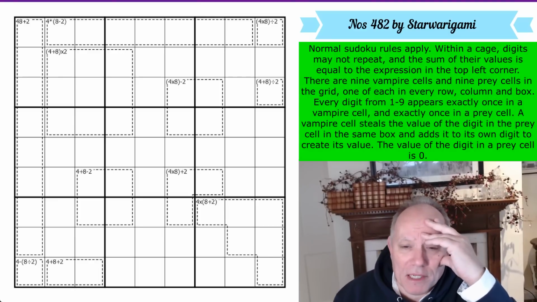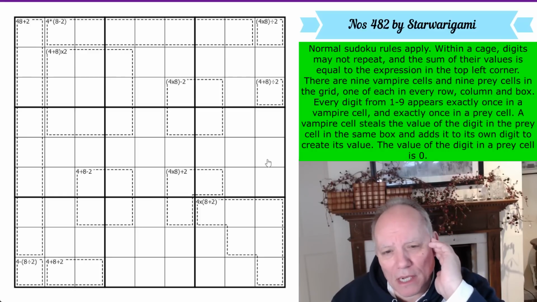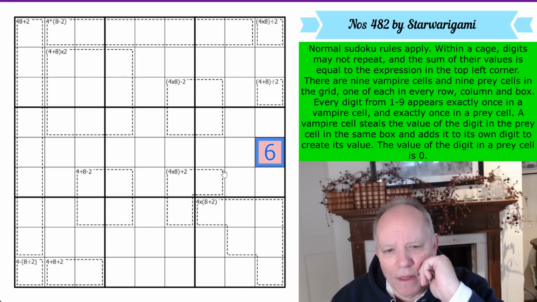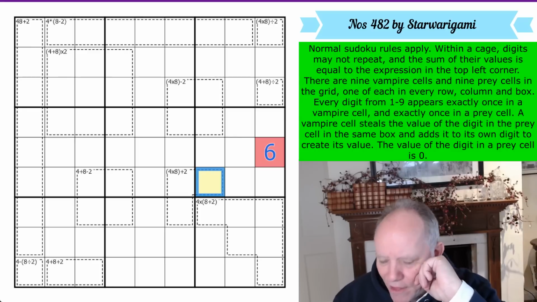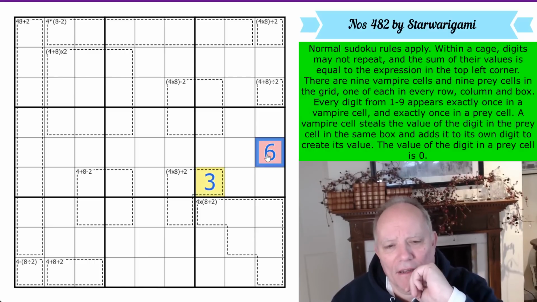Digits in vampire cells steal the value of the digit in the prey cell in the same 3x3 box and add it to their own. So if you had a 6 here that was a vampire cell, and a 3 here that was a prey cell, the value of this vampire cell would be 6 plus 3, 9, and the value of the prey cell would be 0.